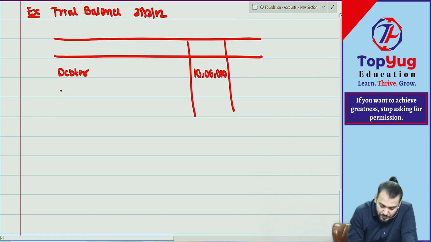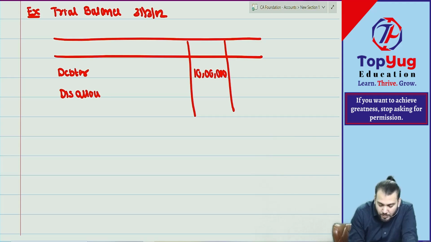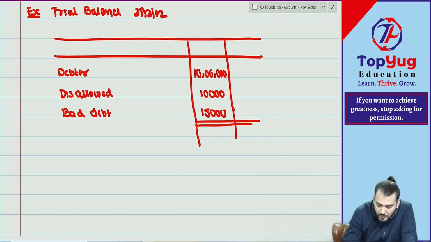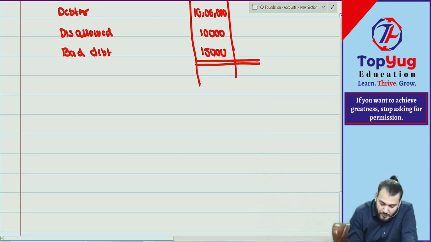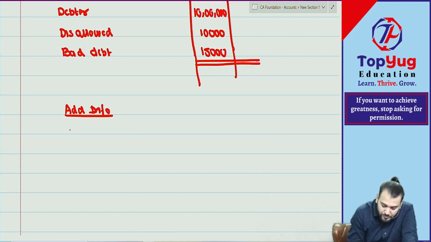Discount allowed, 10,000. Bad debt, suppose 15,000. Additional information.